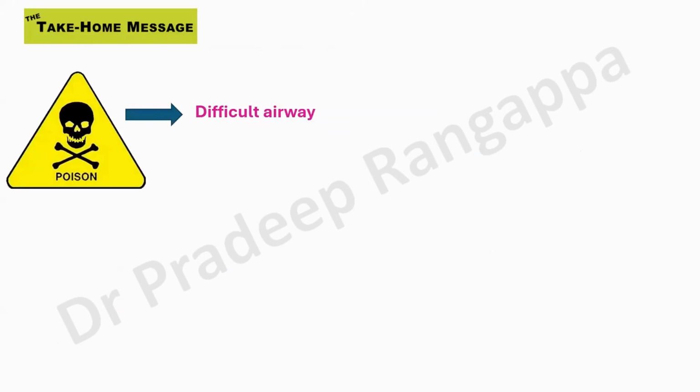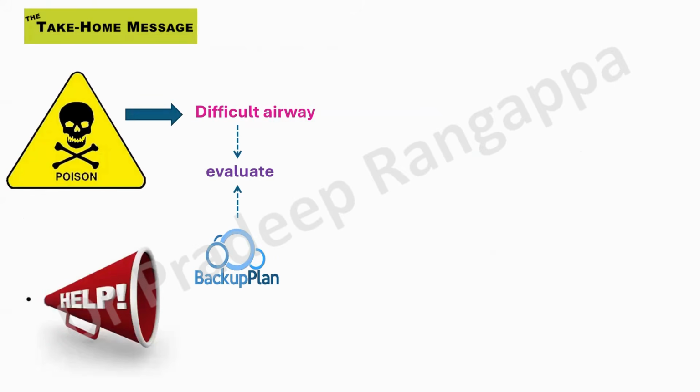So, summary: in any poisoning, anticipate and evaluate for difficult airway and have a backup plan, and concurrently treat the poisoning with the available antidotes. Always call for help whilst managing the airway in these poisoning patients, and always anticipate huge challenges with hemodynamic instability, or airway compromise that can happen secondary to corrosive poisoning.